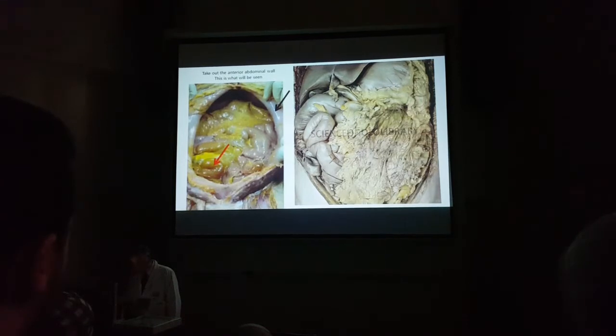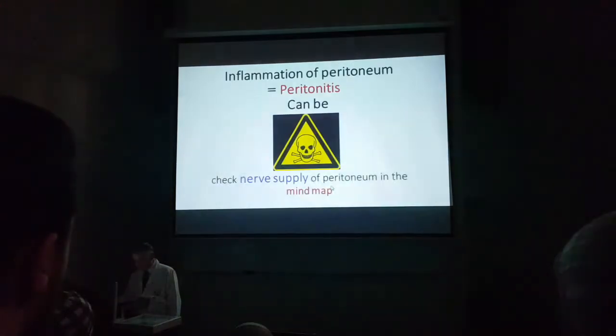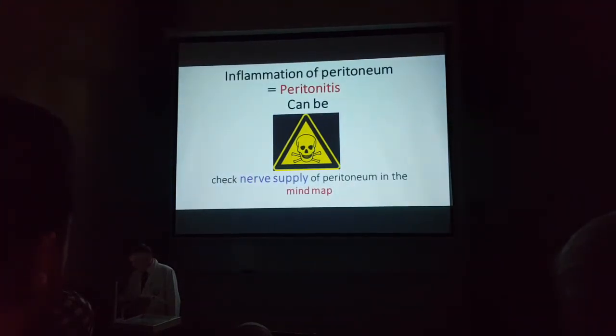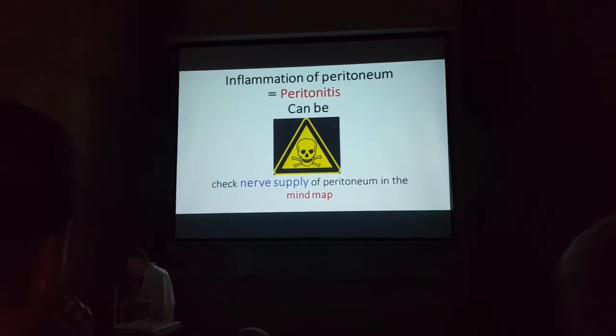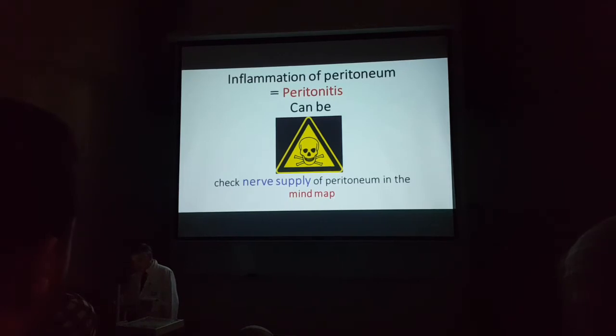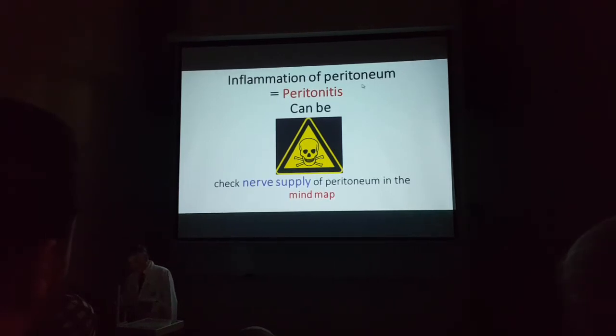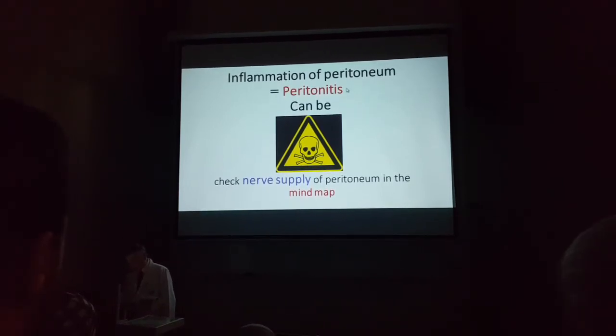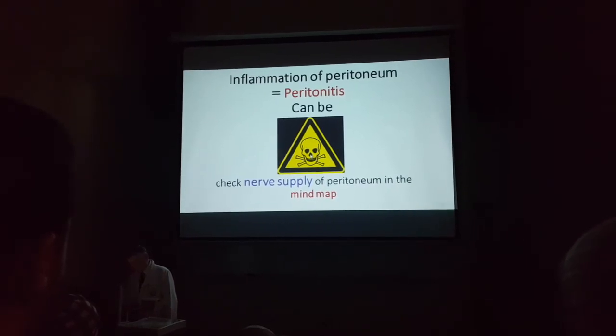Still the peritoneum is shining. The peritoneum is a very important serous membrane, and inflammation of the peritoneum, which is called peritonitis, can be fatal. So we have to have very good knowledge of that.